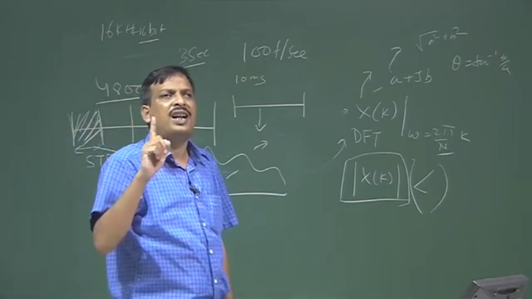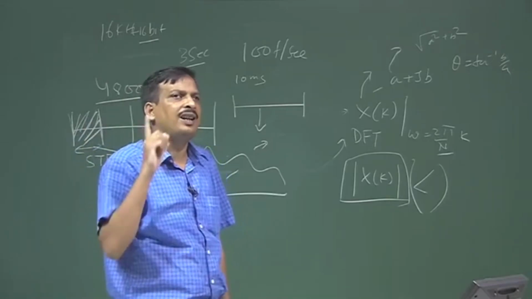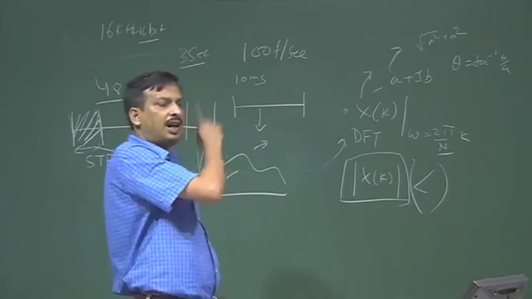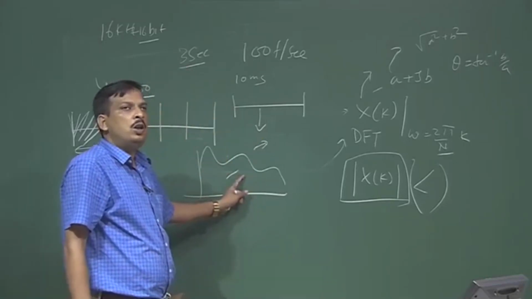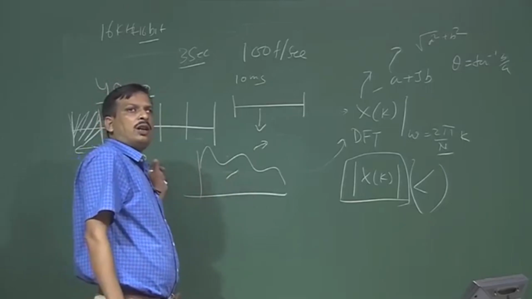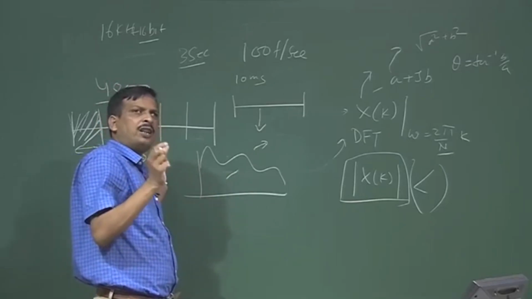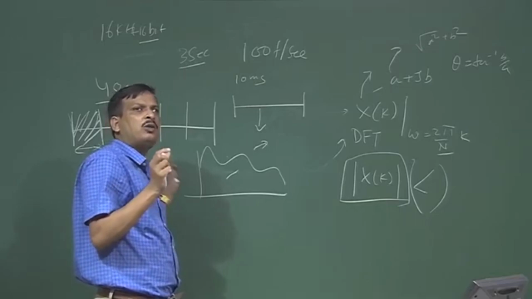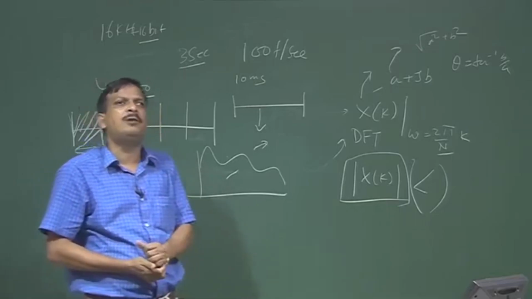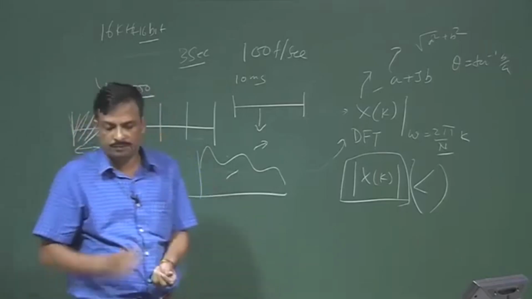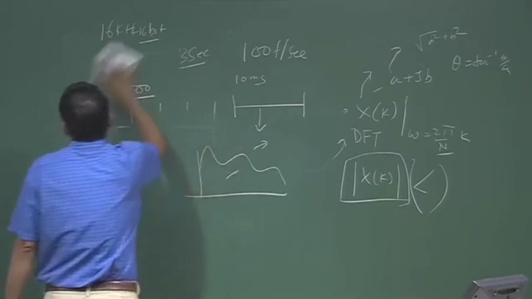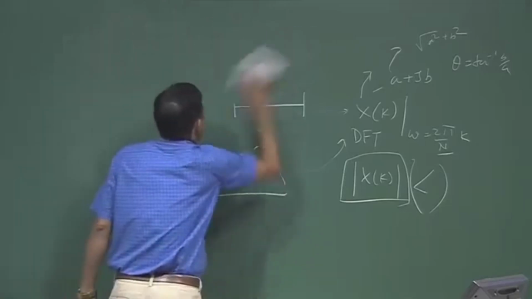The analysis part is called analysis, and getting the signal back is called synthesis. Because a short segment of time is analyzed, it is called STFT, short time Fourier transform. What is STFT? Now we know.